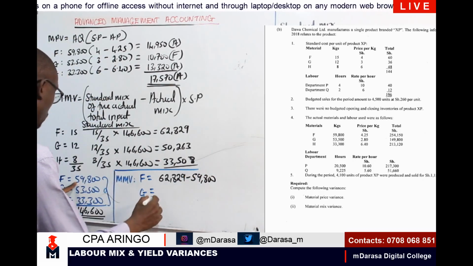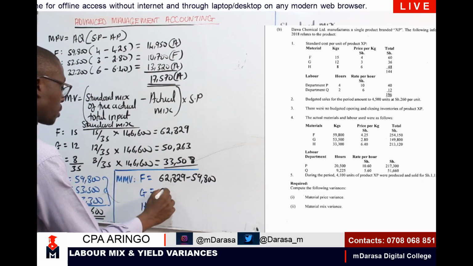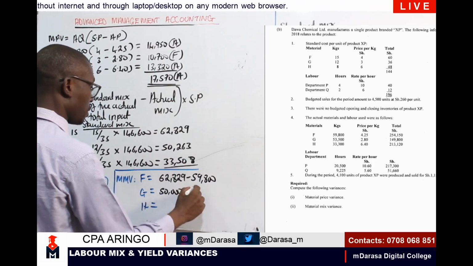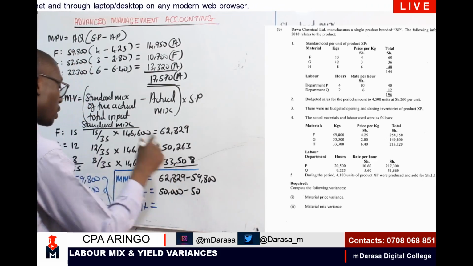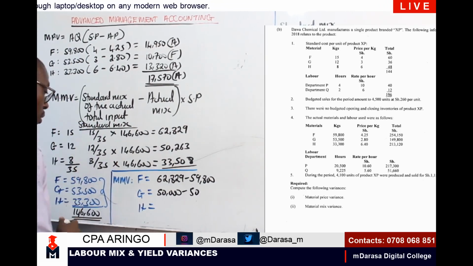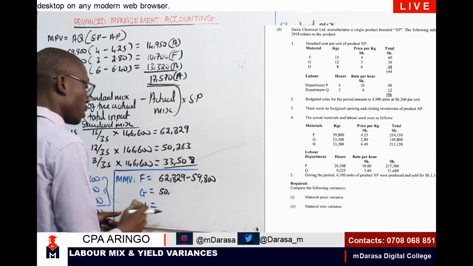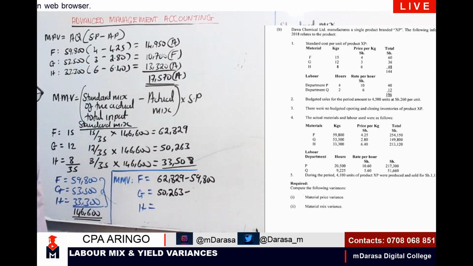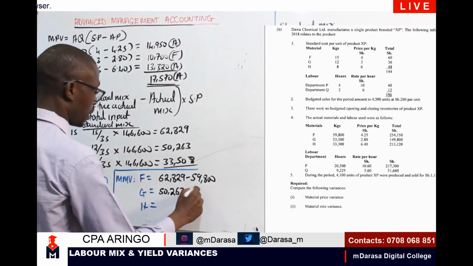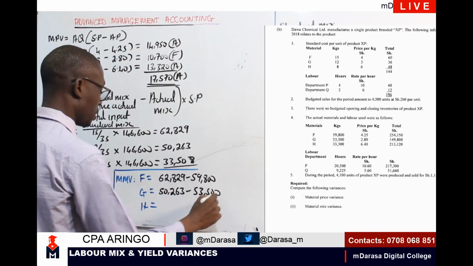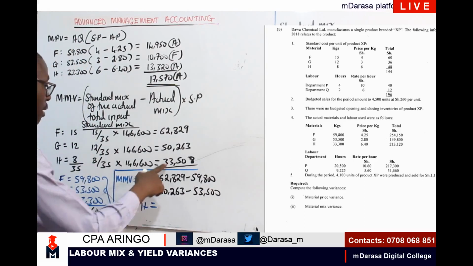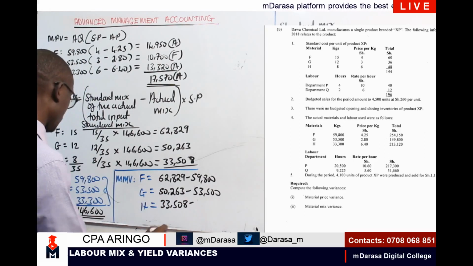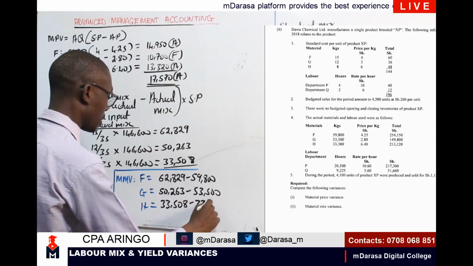The same case will happen with G. I'm having 50,263, we less our actual, which was 53,500. Whereas for H, I'm having 33,508, we less 33,300.